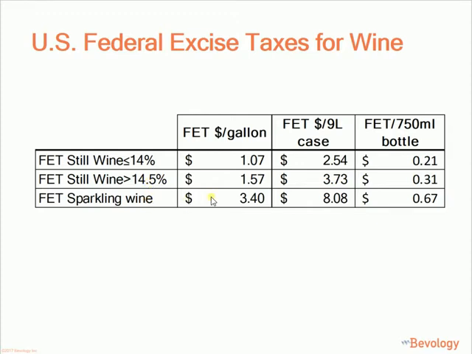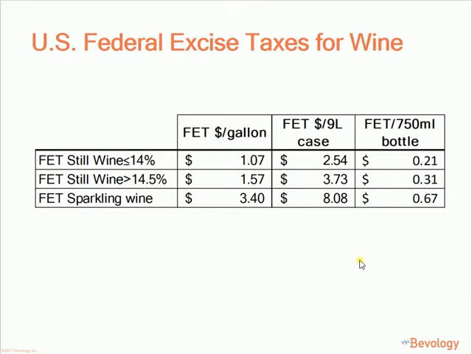Initially in the TTB regulations, it's set up as FET dollars per gallon. We convert that to a 9-liter case, and if you wanted to, you can convert it to a bottle. In the worksheet we're going to go into, we show both cases and bottles. But again, I urge you to speak in terms of cases. Okay, that's the federal taxes.